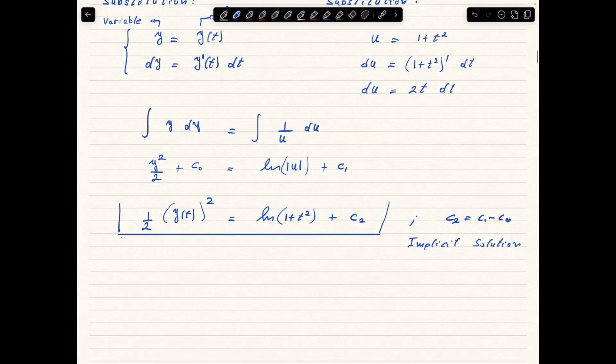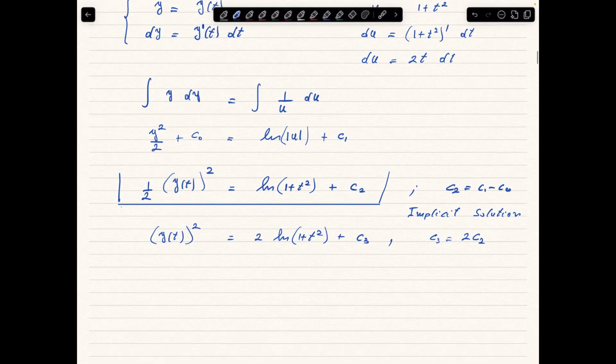We can write it in explicit form by multiplying by 2. So we are going to have y of t squared equals 2 natural log of 1 plus t squared, and here a c3. What is c3? Obviously c3 is going to be 2c2. It doesn't matter, it's still an arbitrary constant.